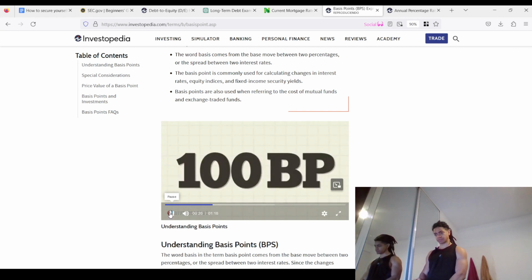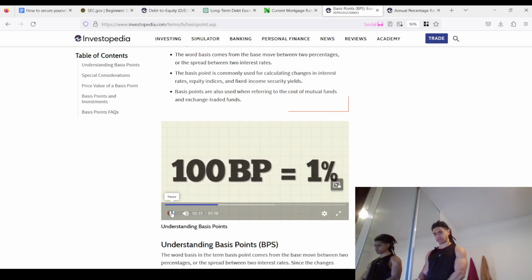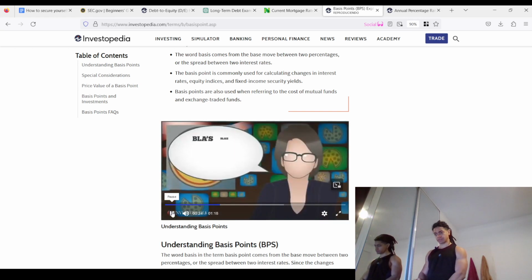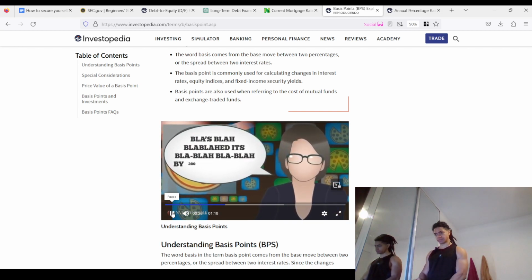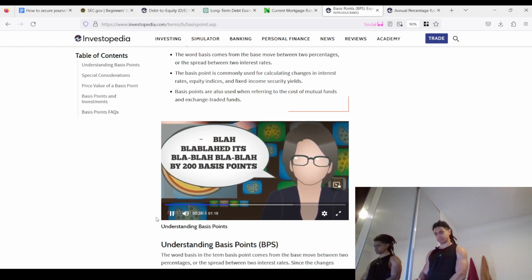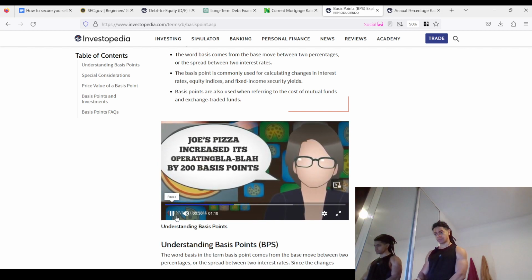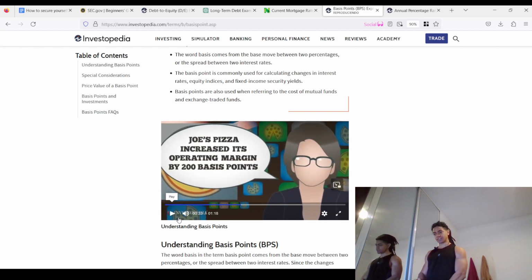So 100 basis points equal 1%. While basis points are increasingly used in regular discussion of financial reporting, for example, Joe's Pizza increased its operating margin by 200 basis points. So Joe's Pizza increased its operating margin by 2%.